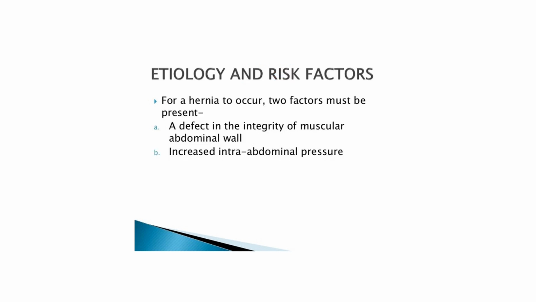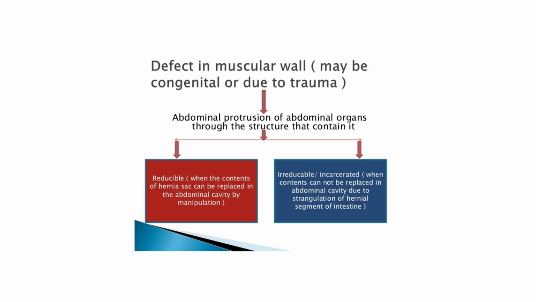Next is the etiology and risk factors of hernia. A hernia can occur if the wall of the abdominal muscles cannot hold back the internal organs. That is the first etiological factor, a defect in the integrity of the muscular abdominal wall. And second, if intra-abdominal pressure is increased, that is also one of the etiological factors to develop hernia in children.